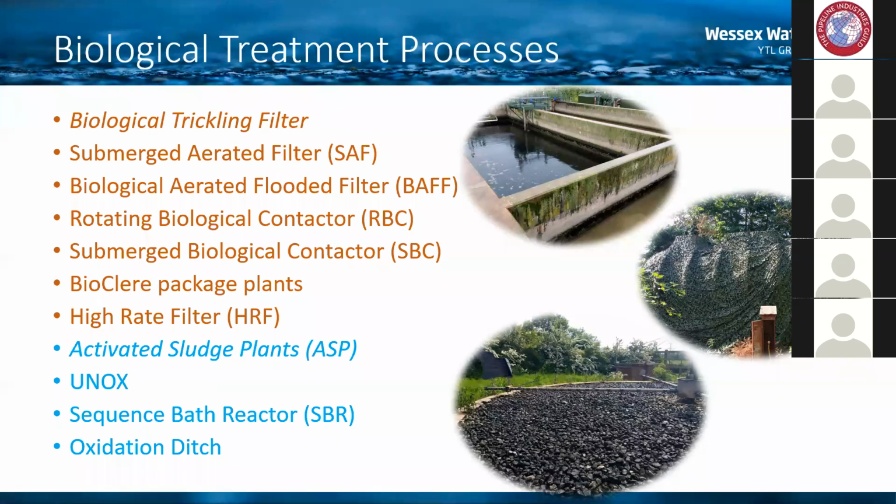You can have your fixed film processes where the bacteria that treat the sewage grow on a fixed media, and then you can have suspended growth treatment processes. So I'm going to talk through an example of each, and we'll start with the fixed film growth process, biological trickling filters.